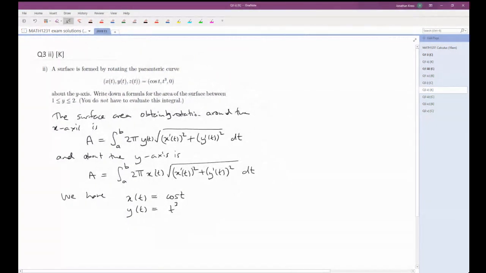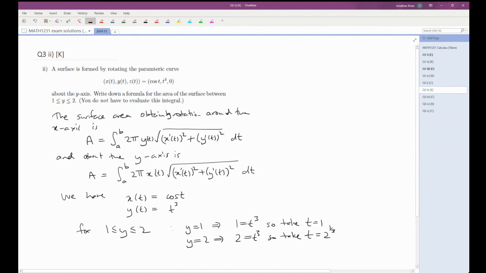For y between 1 and 2, what do we need for t? Well, y equals 1 means 1 equals t cubed, so let's take t equals 1, and y equals 2 means 2 should be t cubed, so we'll take t equals 2 to the 1/3.